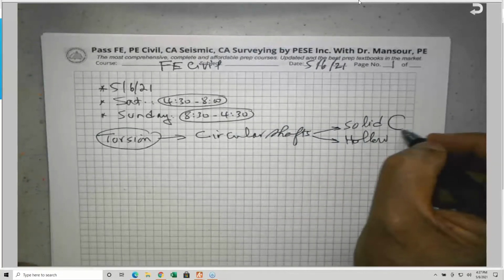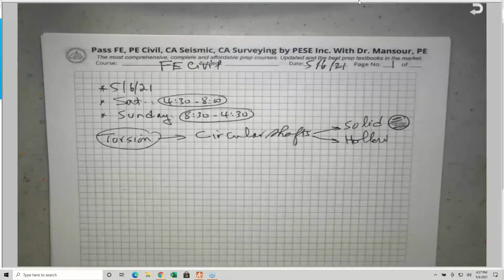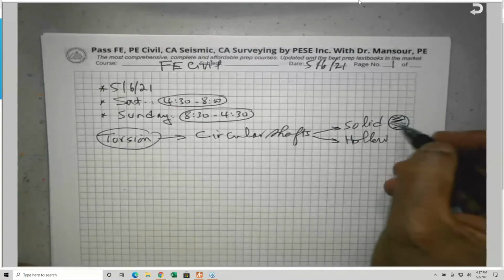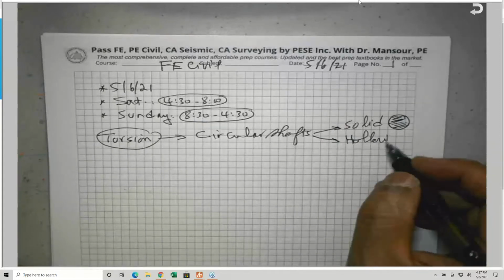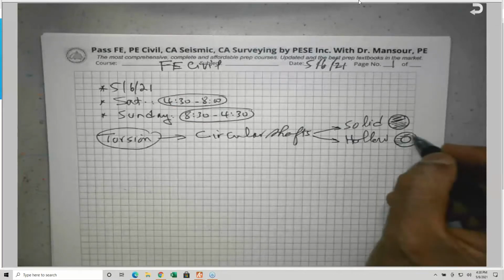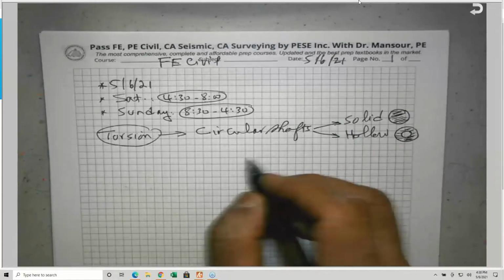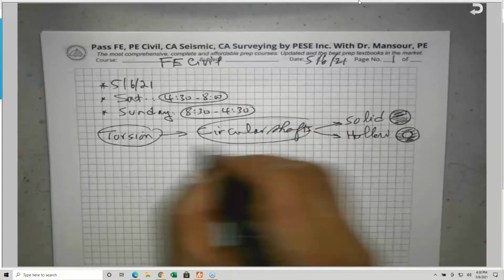If you have a solid shaft, they give us the radius, and we need to calculate the polar moment of inertia. Also, if it is a hollow shaft, the inside radius and outside radius must be known, or the 2 radii must be known. So this is for circular shafts.